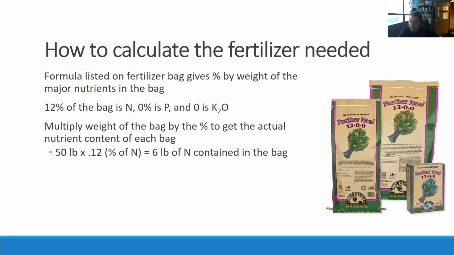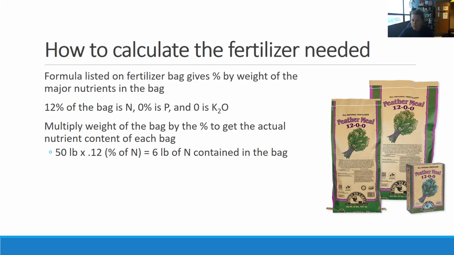So how to calculate the fertilizer you need, right? This is where your agent can help, but you can do this at home, and this ensures that you are not applying more than you need. So typically your soil test is going to come back as pounds per acre.